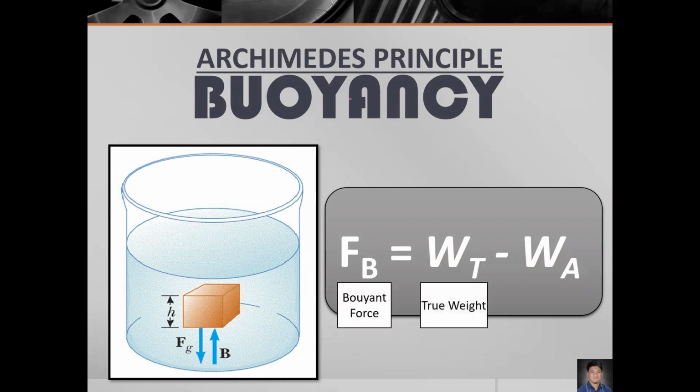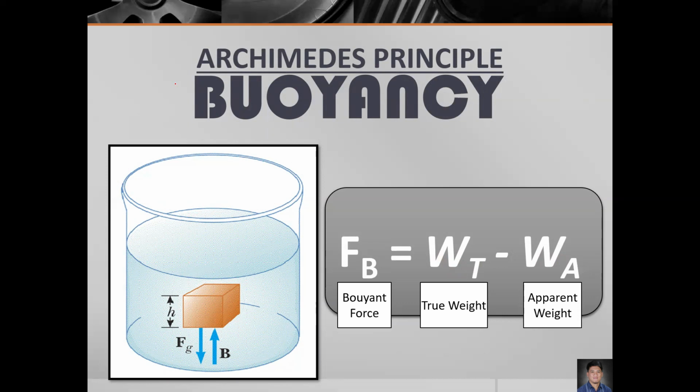So this is the true weight, that is the weight of an object while it is not yet immersed in the water, subtracted by the apparent weight. When we say apparent weight, this is the weight of the object while it is immersed in the water.